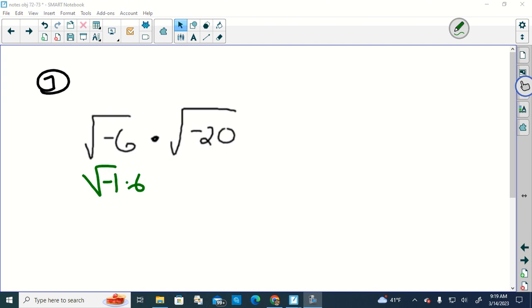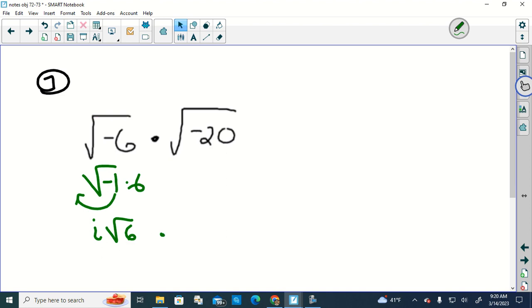So simplifying this down, we have a -1, which we know what's going to happen with that. 6 does not have any numbers that would come out because that would just be 2 and 3, and so there's no pair, so we know that that's going to stay there. So the -1 comes out as i, and you still have rad 6. Now this is multiplication, not an addition problem. I'm not going to put them together. I'm going to leave them separate.